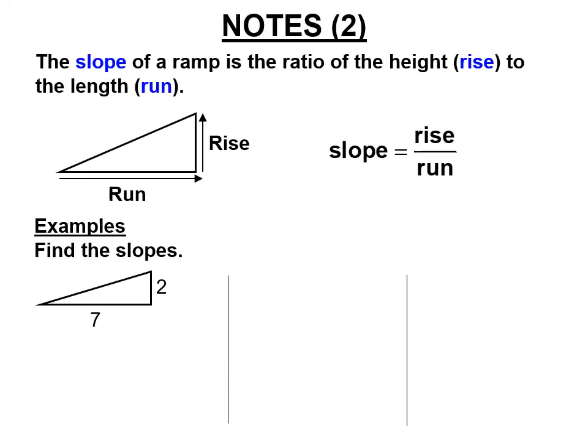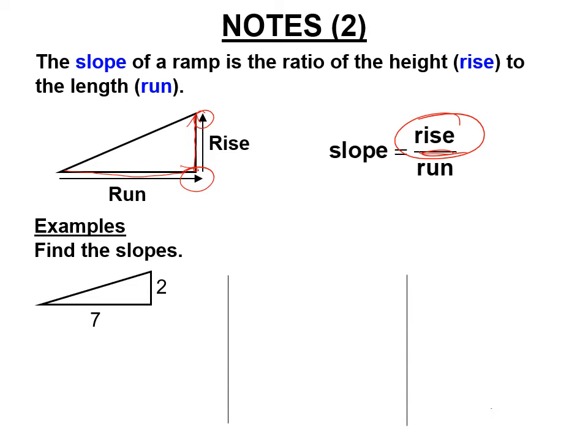So let's see that. The slope of the ramp is this. Now it's not just how long it is, it has a direction. See, there's an arrow there. How much it goes up is called the rise. You rise up in the morning. Over, we're going to make a ratio, over the run. And the run is always to the right. Notice that arrow there.